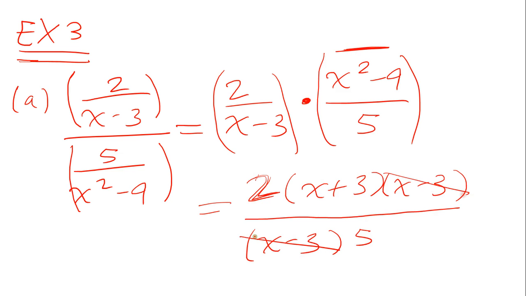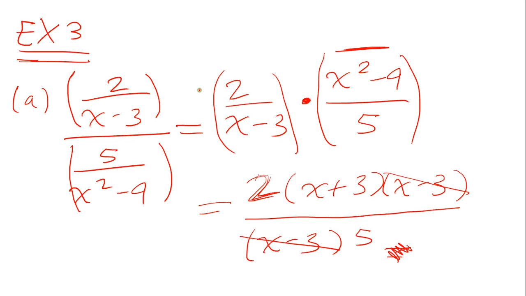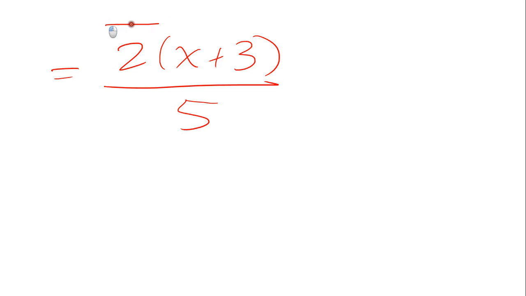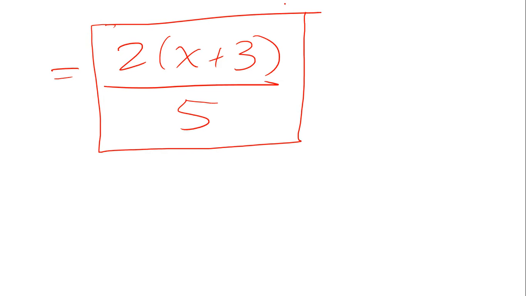This cancels and just gives you 2 times x plus 3 over 5. And that's your final result there.